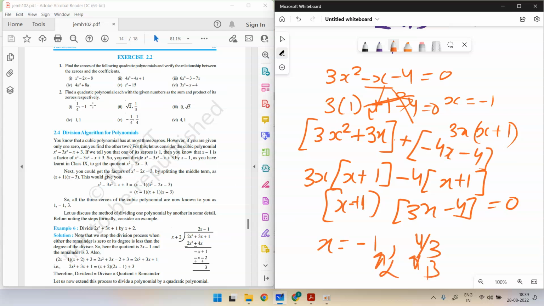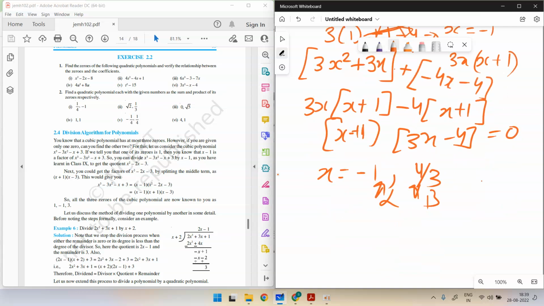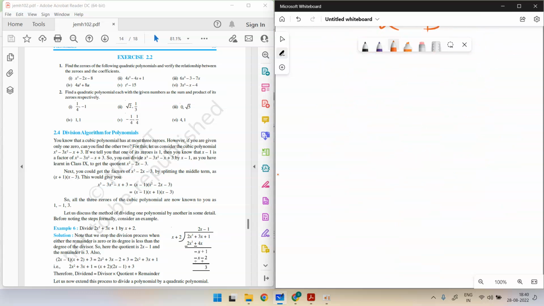Now next, question number 2. Find the quadratic polynomial with the given numbers as the sum and product of its zeros respectively. See, there is nothing you have to do. One is alpha, the other is beta.